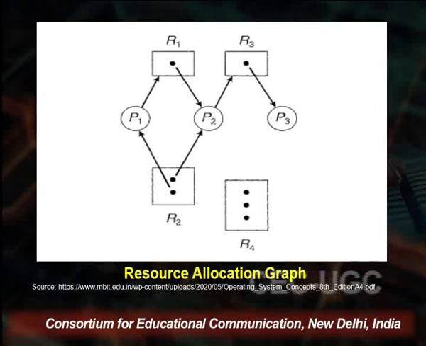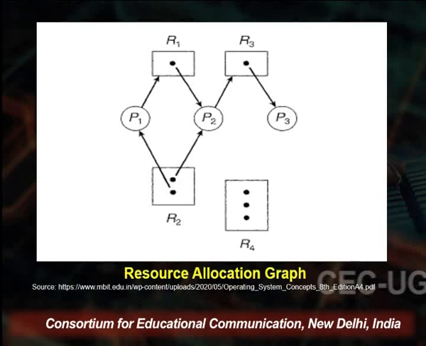So here we can see the information in terms of the direction of edges, how we represent multiple instances of the resources, and what the symbols are for processes and for resources. That whole information is consolidated and used to represent this resource allocation graph.